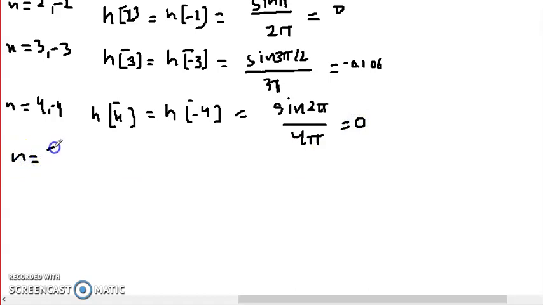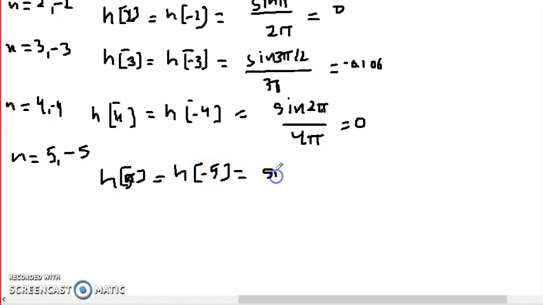Similarly, last one will be 5 and -5, h5 and h of -5 both will be equal. And what will be its value?